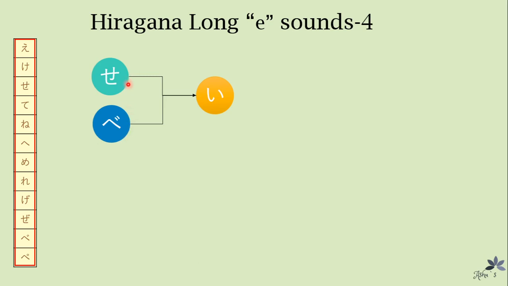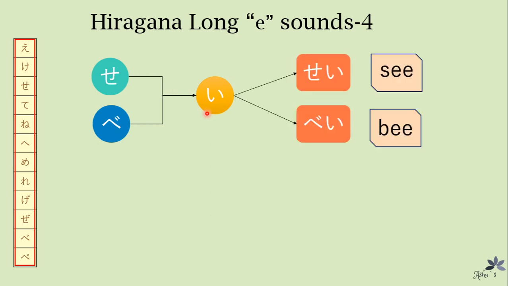When Se and Be is added to alphabet E, it also gives the long E sound. This is to be noticed here.